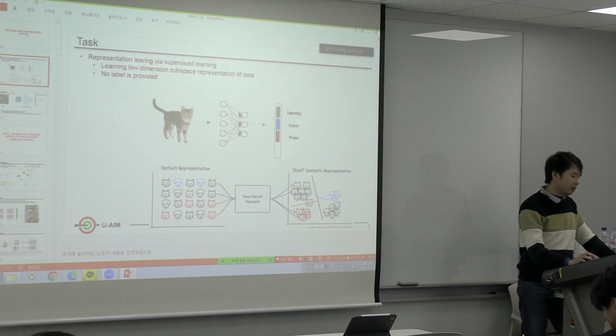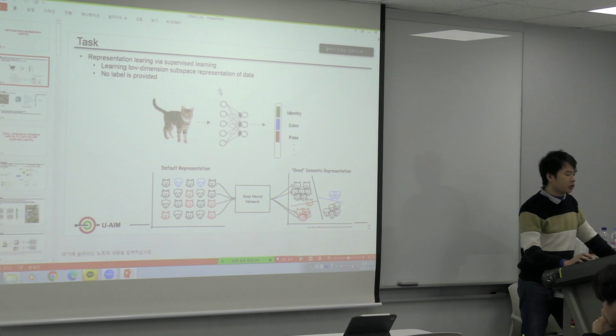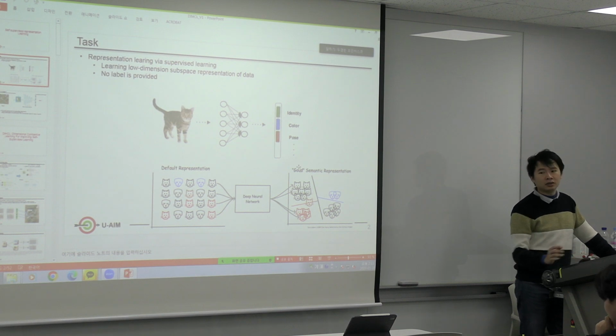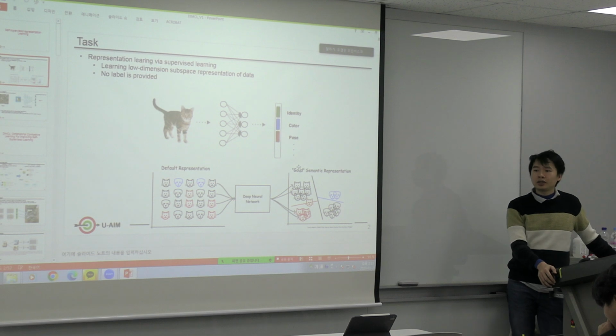Maybe the color, maybe the height, weight, etc. And the aim of representation learning is to learn a low dimensional latent space representation of a vector so that the latent space can be well organized or satisfy some good properties, so that we can easily perform downstream tasks on the latent space.